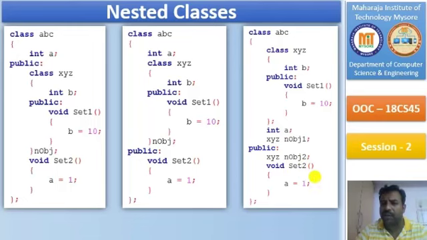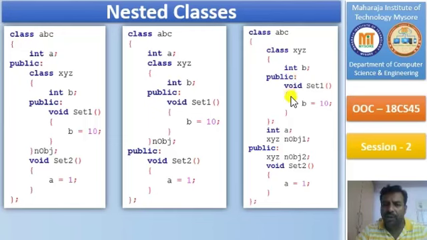So right now the class ABC contains four members. The int A is the first member, XYZ NOBJ1 is the second member, XYZ NOBJ2 is the third member, and void set2 is the fourth member. The int A and NOBJ1 are private and the remaining two are public.